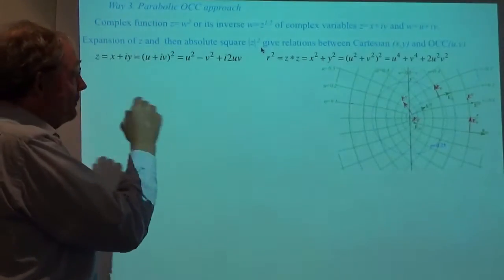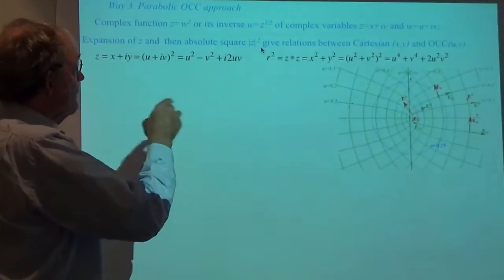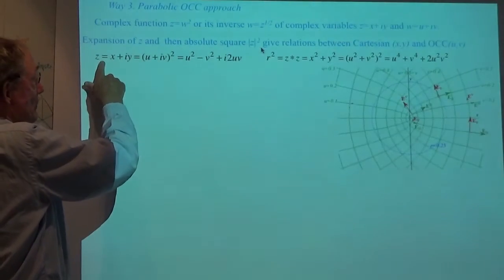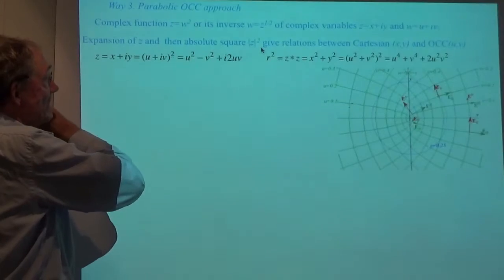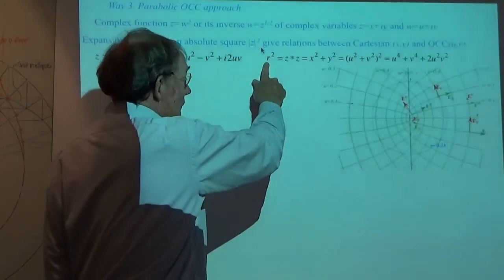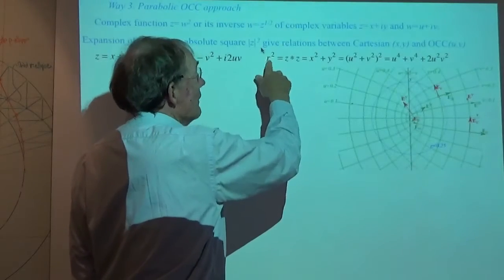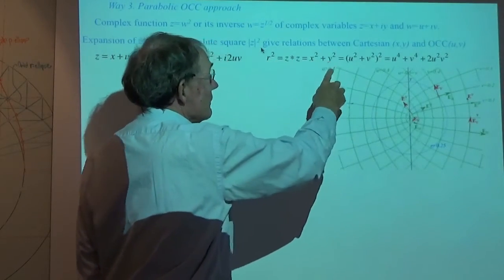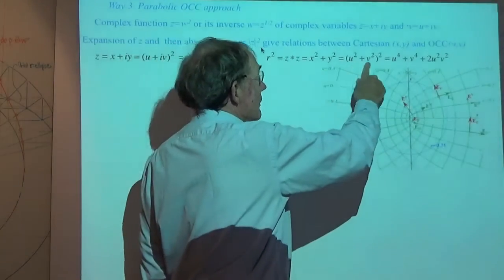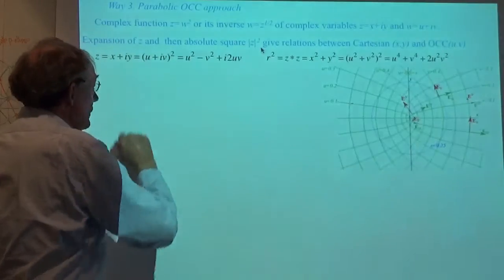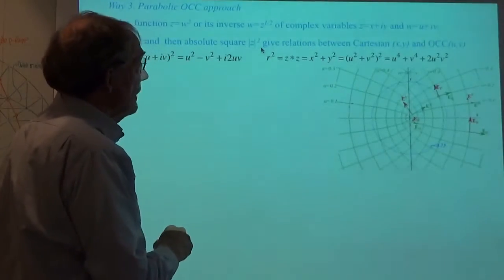So the physics and geometry of this has already been mentioned a little bit, but the algebra is interesting too, because you have the radial of a polar coordinate system r involved here, that is x squared plus y squared, consisting of u squared plus v squared squared. That's the thing that's kind of neat about this one.